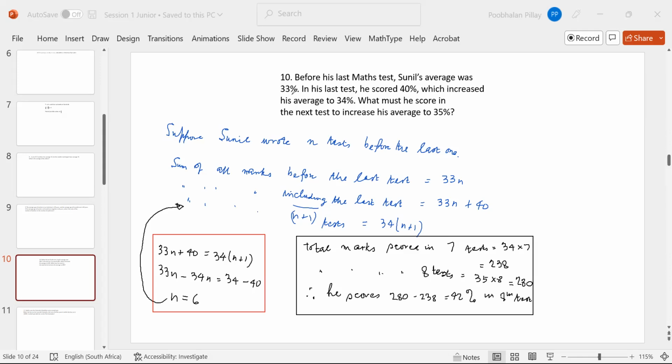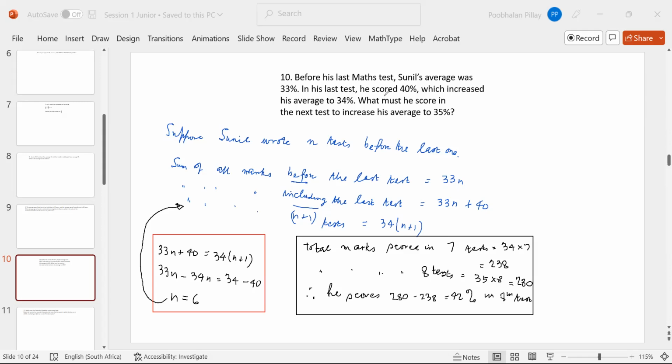Now when you know that, you can work out the sum of all the marks that he got in those n tests. It will be equal to average times n. So the sum of all the marks before the last test is 33 times n, because he has written n tests.